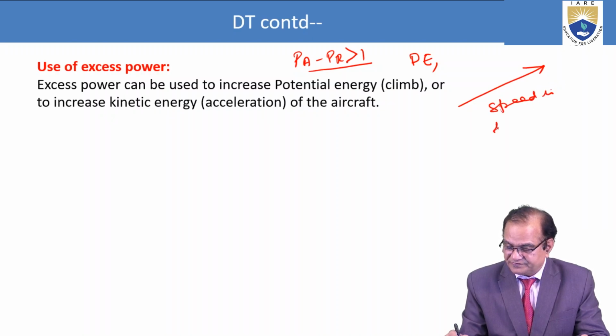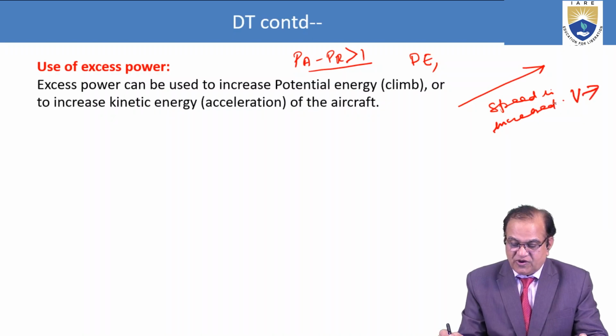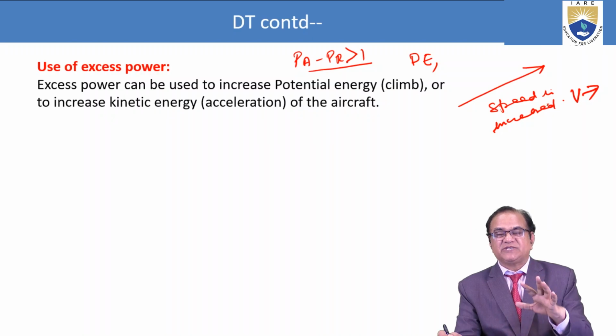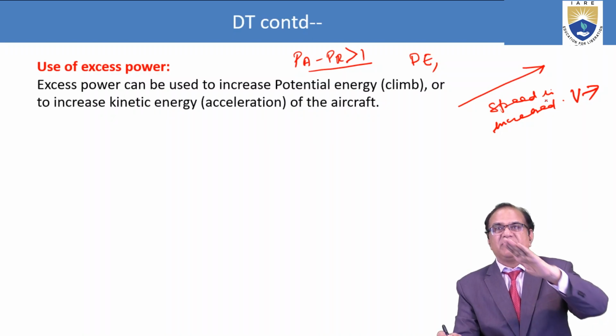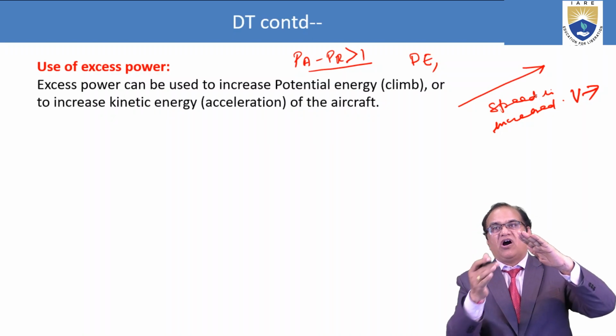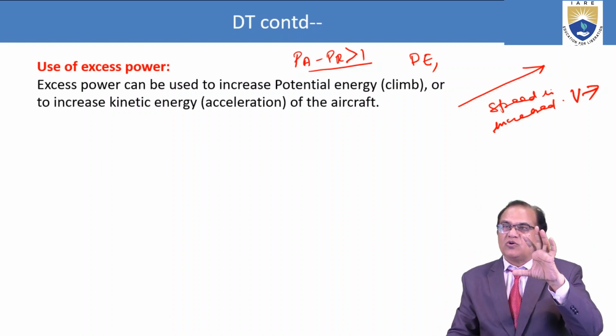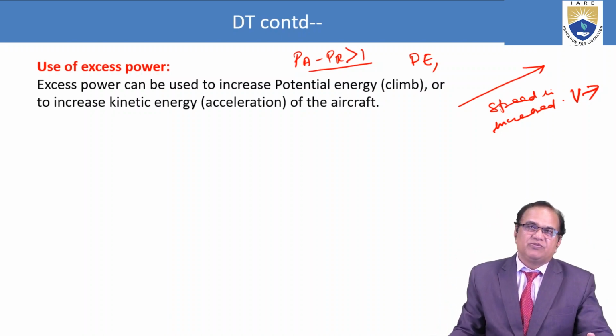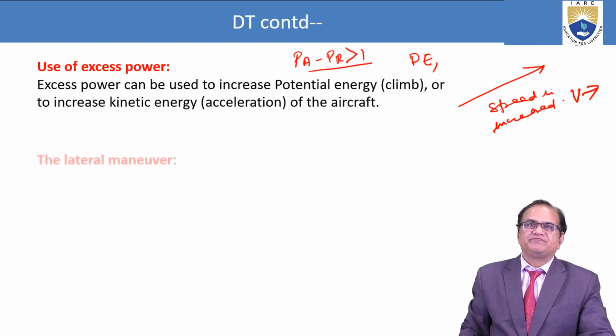So either height will increase or speed will increase. Any of this energy will increase if you have the excess power.